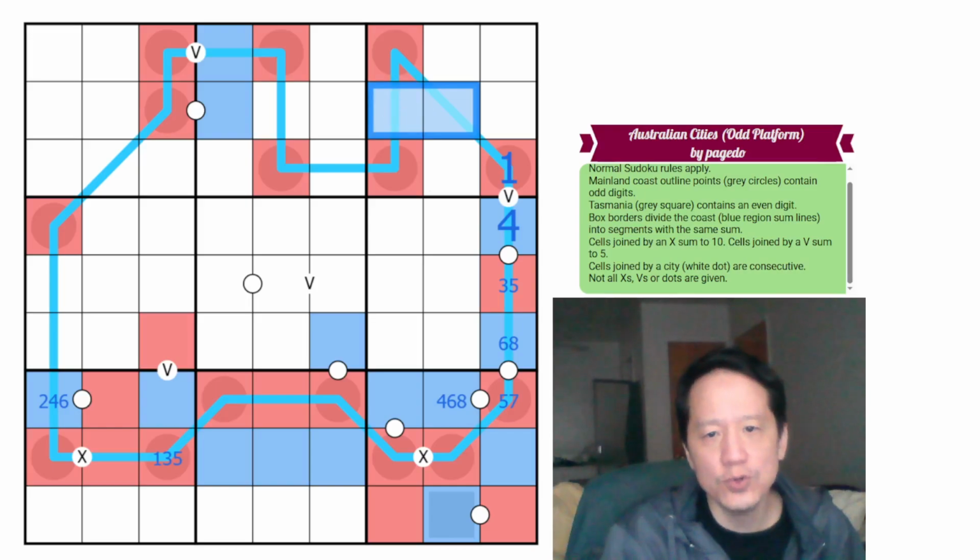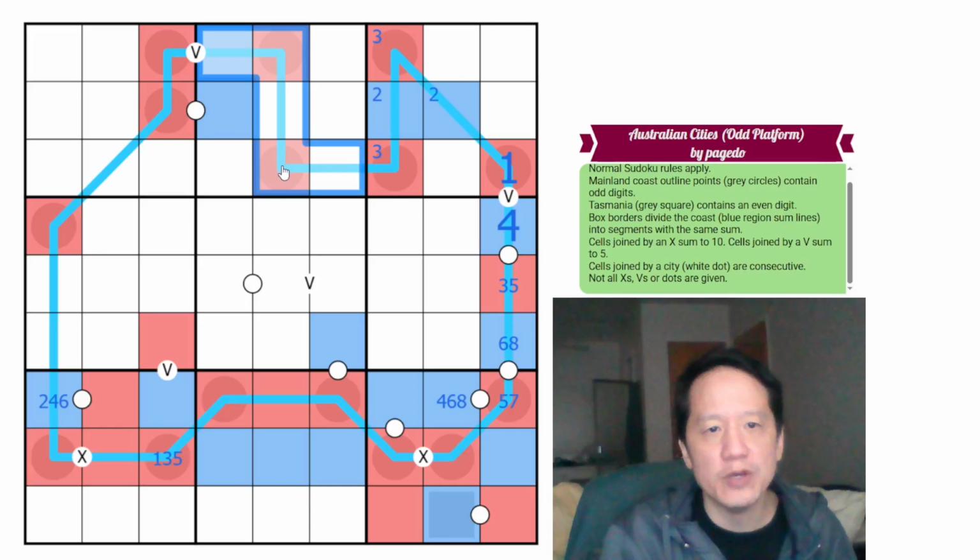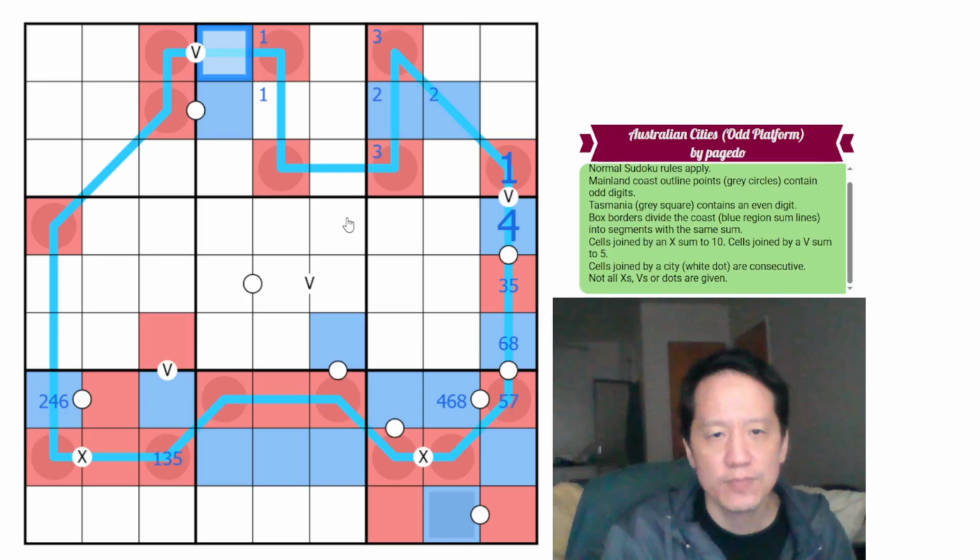So 2 has to be one of these cells. 3 also has to be one of these cells. We have a 1 here. Where can the 1 be in this region sum line? It has to be one of these 2 cells, right? It cannot be here, and it can't be the even digit. 3 is one of these odd digits here, so 3 has to be one of these 2.